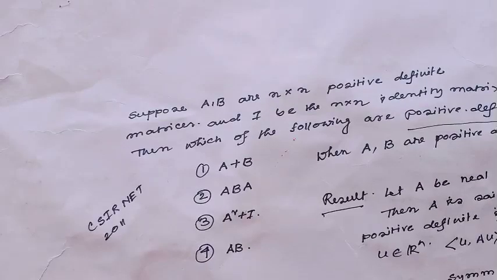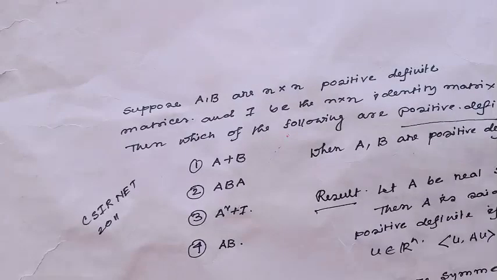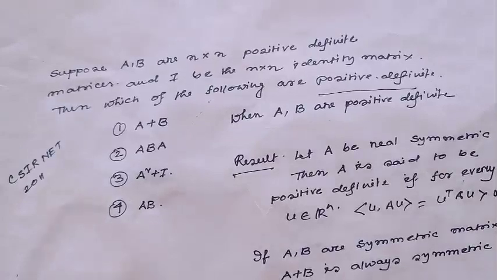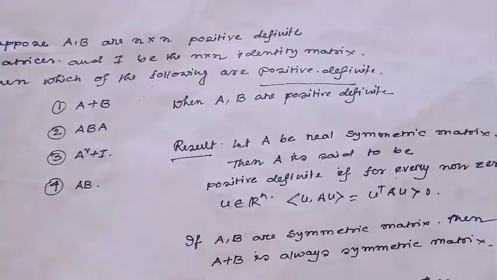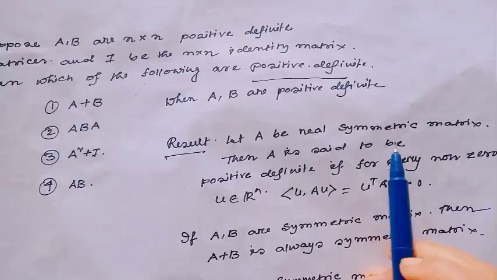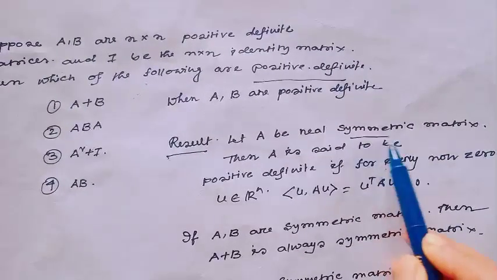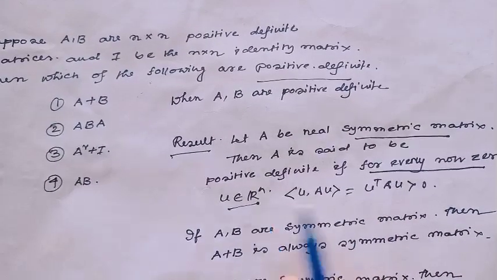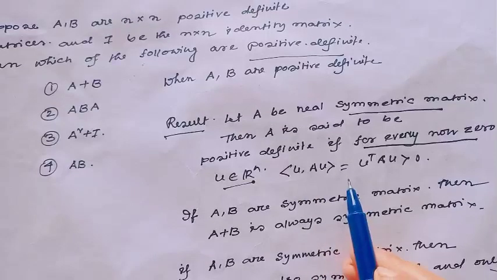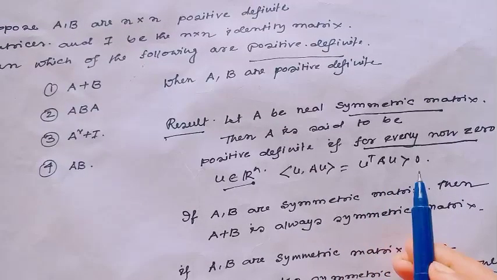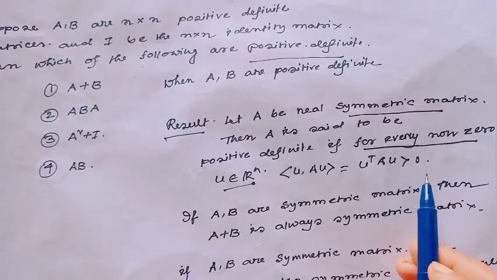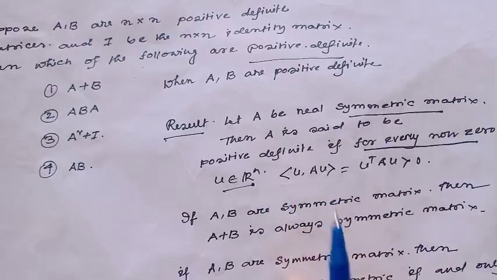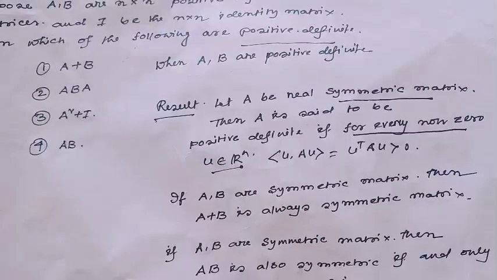We have to prove that if A and B are positive definite, then their sum is positive definite. At first, just recall the definition of positive definite. A real symmetric matrix A is positive definite if for every non-zero u belonging to R^n, the inner product <u, Au>, which is equal to u transpose Au, is strictly greater than 0. Then we can say the matrix A is positive definite.